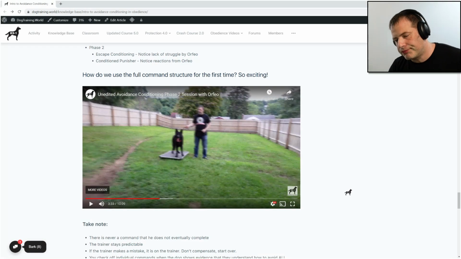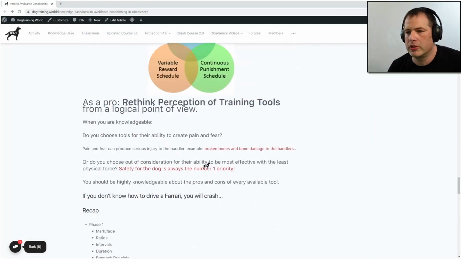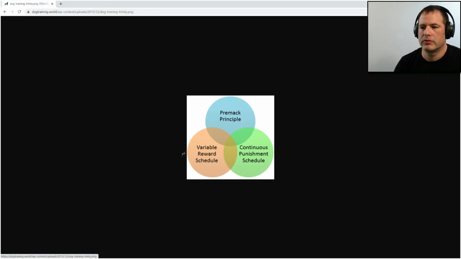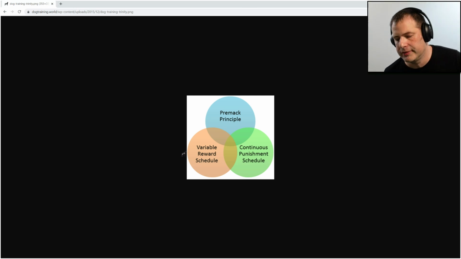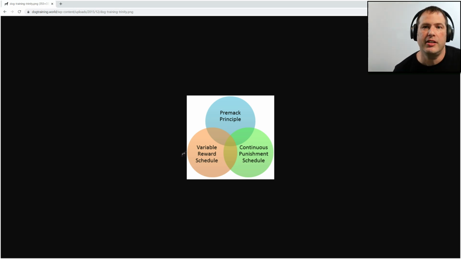Now, where's my charts? All right. So when I started that training session, I thought primarily Orfeo was going to be happy just getting food reward from me and love. But then I noticed there was something he would rather be doing than the training session. In this case, it was he wanted the camera.